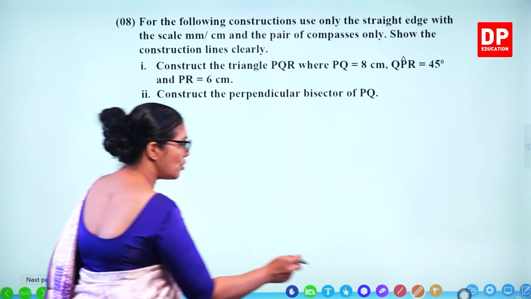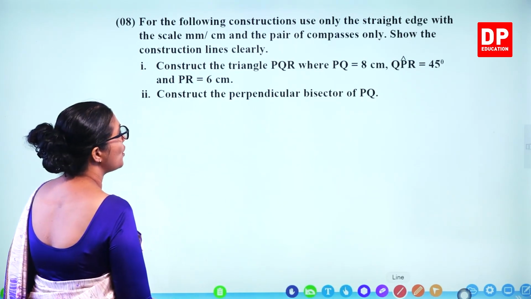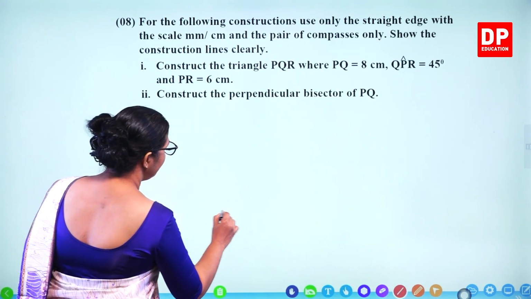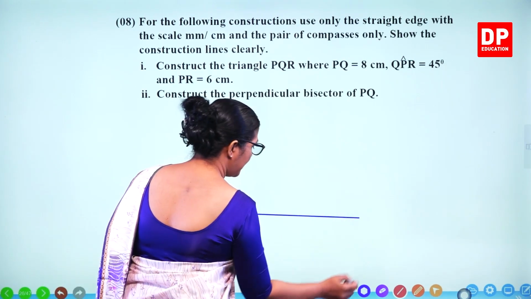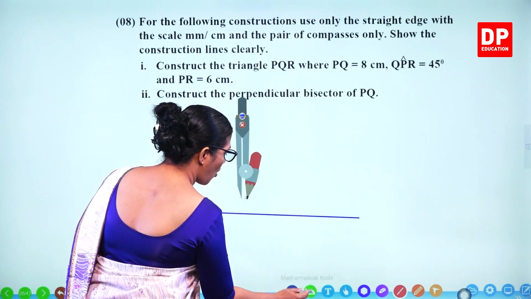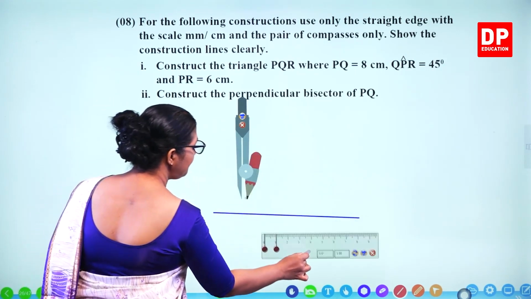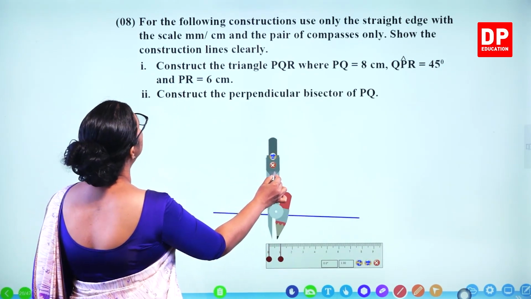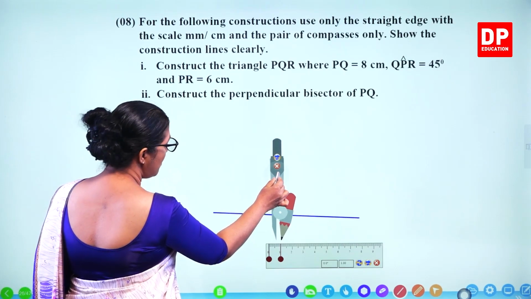So we'll do the triangle. What we do, take the ruler and draw a line. Then you can take the compass and the ruler and measure 8 centimeters first.